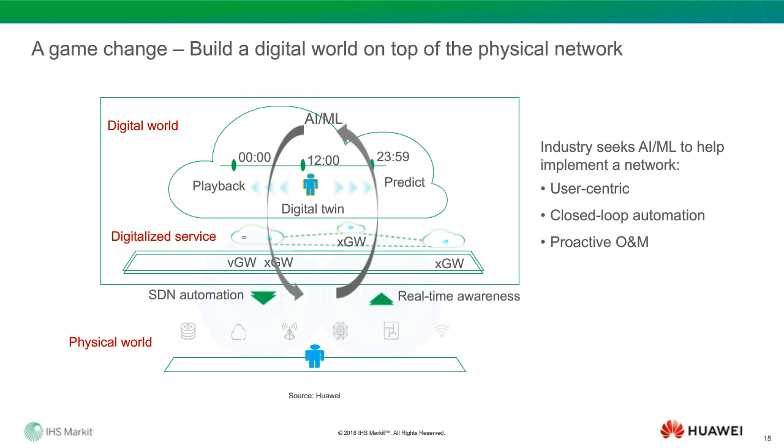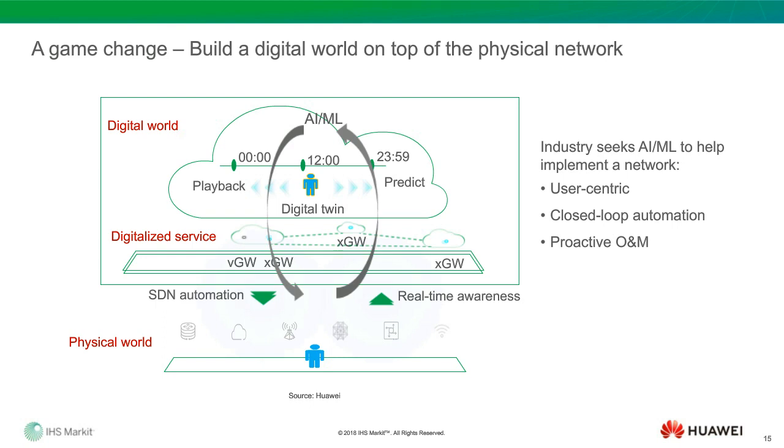Then, based on the digital twin, we can do a lot of innovations. If you check other vendors, they look at it in a similar way, using AI and machine learning for a user-centric approach instead of a network-centric one. And when we talk about automation, we typically talk about end-to-end service provisioning.